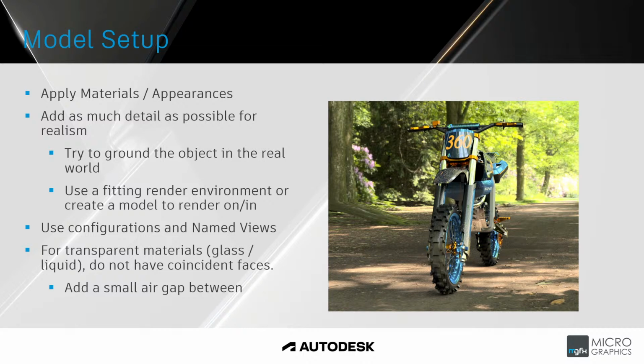But there's things like the cables for the brake lines. You could potentially add things like a keychain or zip ties, cable ties. Information like that on the model that makes it look more realistic for the render goes a long way to create a more realistic rendering.